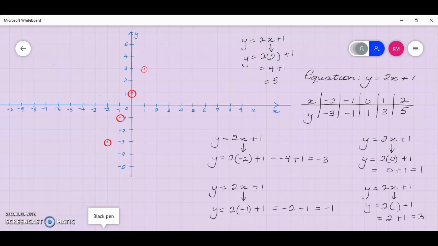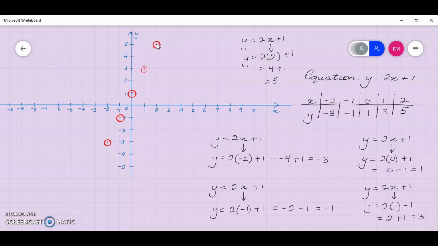So my next point is 2, 5. So I look for 2 on my x-axis. That is here. And I go up until I find 5, and that is about here. So that's my next point. And that's it there. You have all your points.